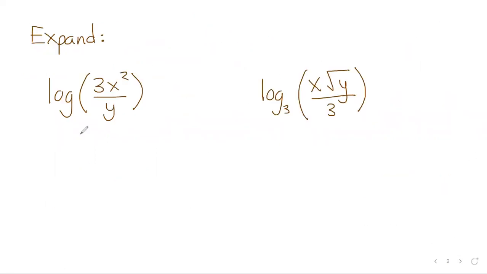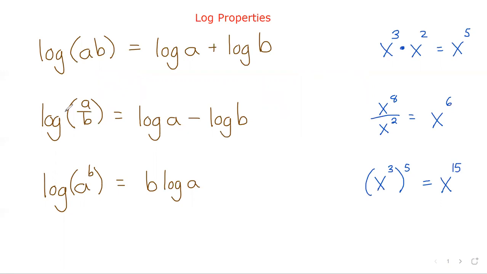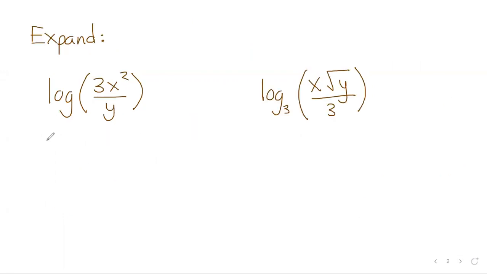Let's see how that would work here. We can start with just separating it into two pieces. We have this rule that says that if there's division, you can subtract the log of the denominator from the log of the numerator. So I could write this as the log of the numerator minus the log of the denominator.